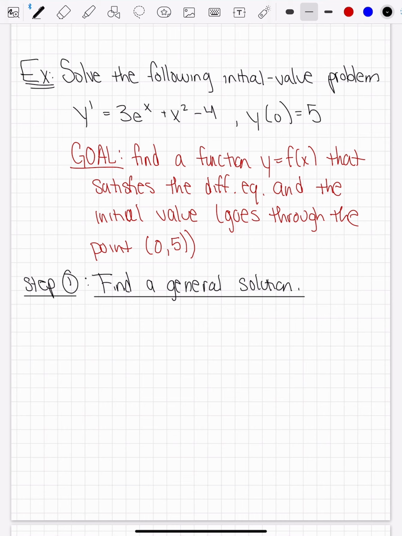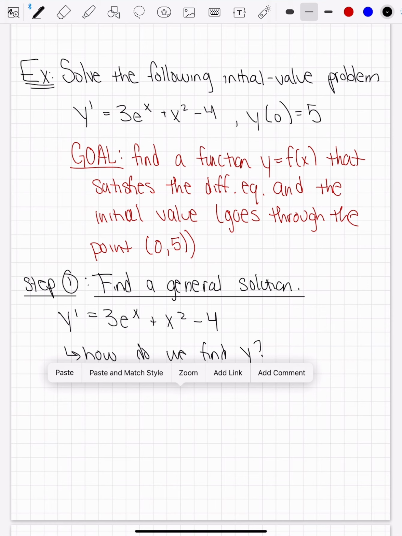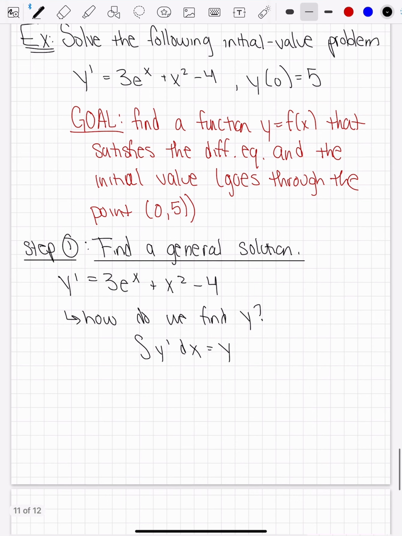So we're given y prime is 3e to the x plus x squared minus 4. So how do we find y? Well, remember that the antiderivative, or the integral of y prime, should give us the function itself, right? So that's what we need to do.